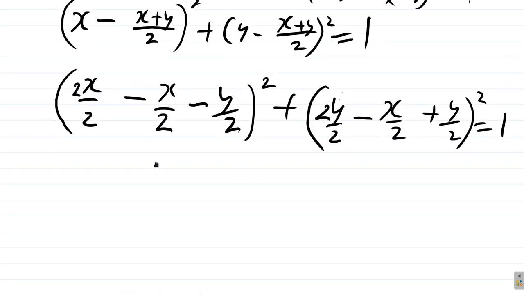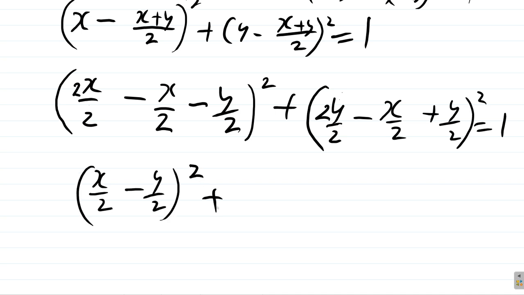Now, look at this. 2x over 2 minus 1x over 2 leaves it with 1x over 2. So it's simplified. There is (x over 2 minus y over 2) all squared plus. And then you have 2y over 2 plus 1y over 2. Oh, my. That same thing I told you about earlier. I made that mistake.